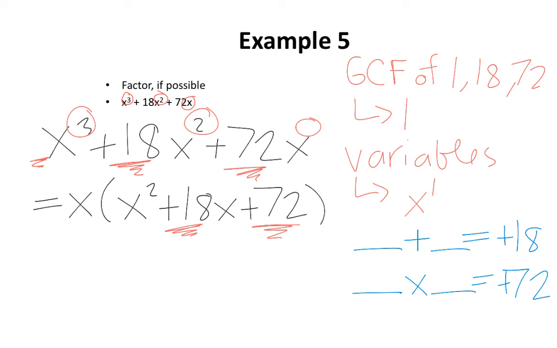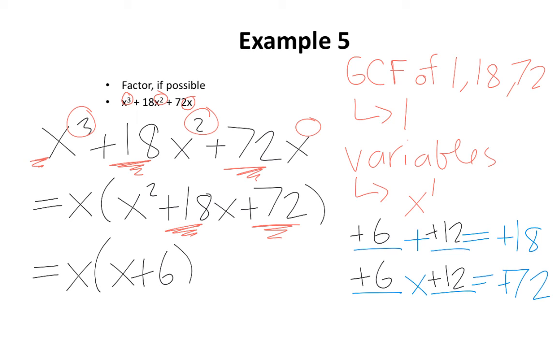You're going to use your times tables as well as some guess and check, and you should come up with the numbers of positive 6 and positive 12. And when you multiply those same two numbers, you should get positive 72. Therefore, whatever was in the brackets can be factored into x plus 6 and x plus 12. And of course, you can double check your answer by using the distributive property as well as the FOIL technique.